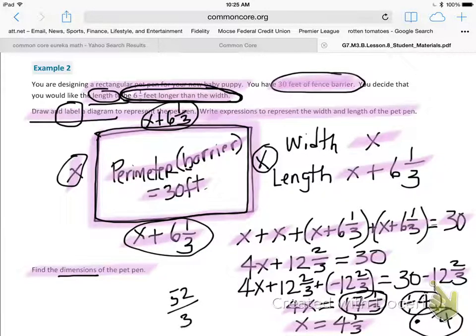Then if you did that division, you would divide that by 4, and you will get 4 1/3. Let me just complete that, because maybe some of you are still a bit confused with that, but this is something that I'd love for you to be able to know already.